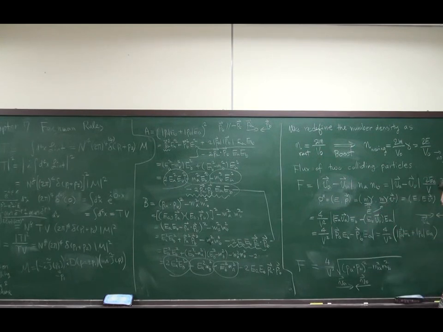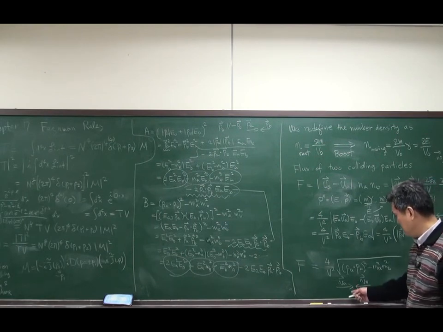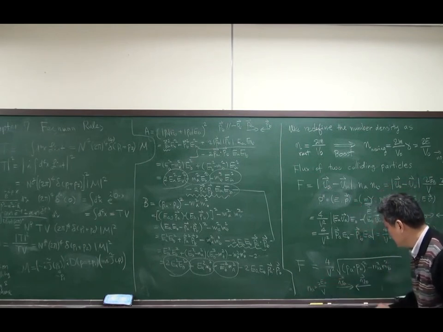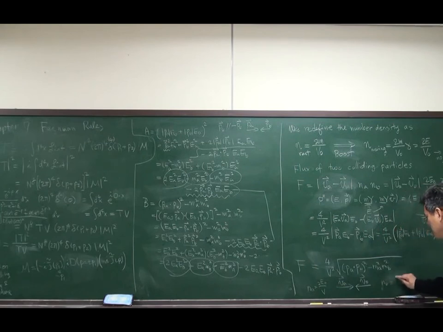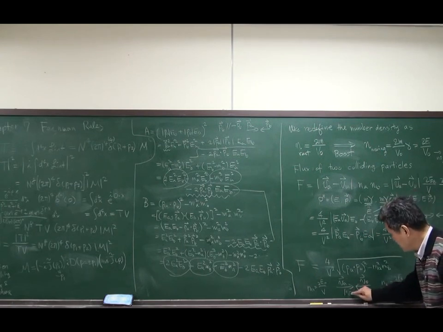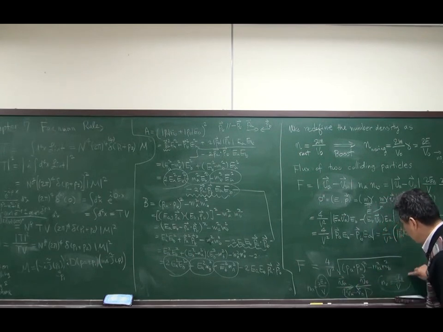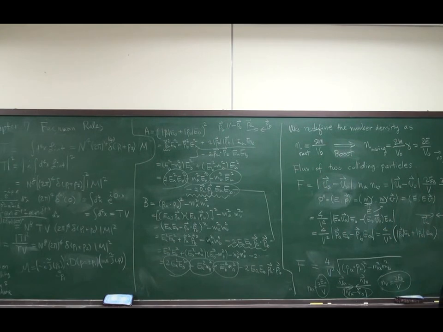If two particles are colliding together, then the number density of each particle is Na equals 2Ea over V, and Nb equals 2Eb over V, and the relative velocity VA subtracted by VB, this product is the flux of two colliding particles. Then the flux is just 4 over V squared times the square root of PA dot PB squared subtracted by MA squared MB squared.